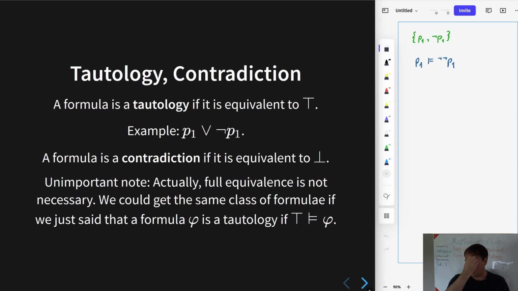It would immediately follow, if that is true, that phi also entails verum. You could also do a similar thing with falsum, except you'd have to swap it around. If your sentence entails falsum, then the sentence is a contradiction. In fact, there's a bit of a triviality here because every sentence entails verum, and falsum entails every sentence.